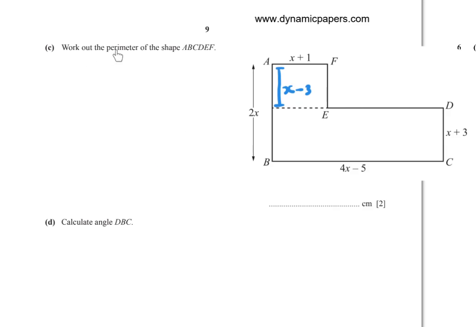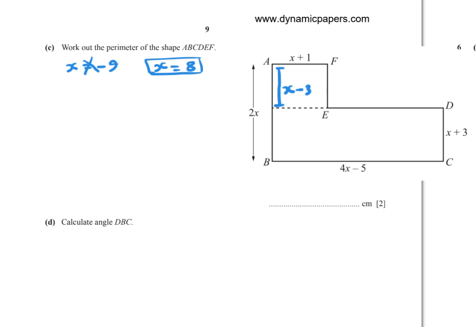C. Work out the perimeter of the shape A, B, C, D, E, F. We have two values for x. x equals negative 9 and this is rejected. Length cannot be negative. Or x equals 8. So this is the answer. Now we can find the length of each side.